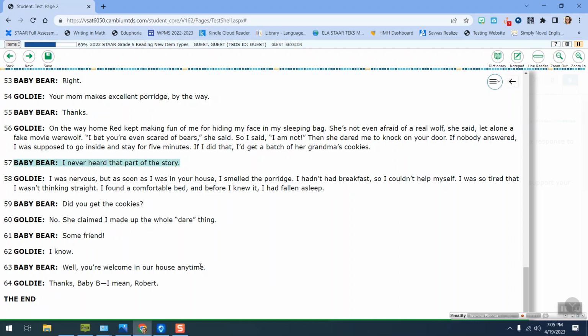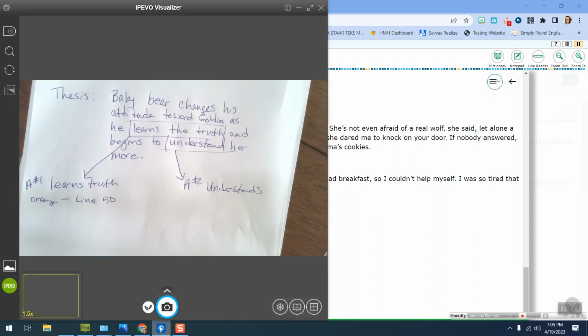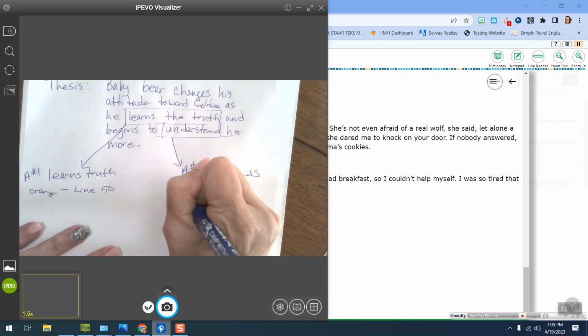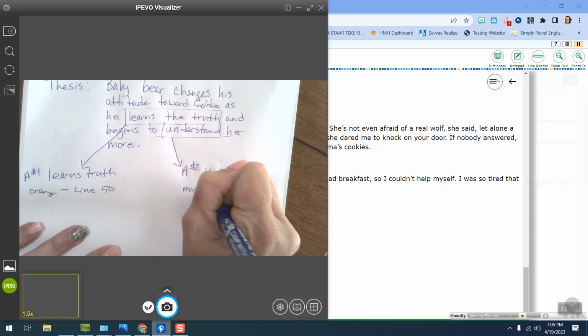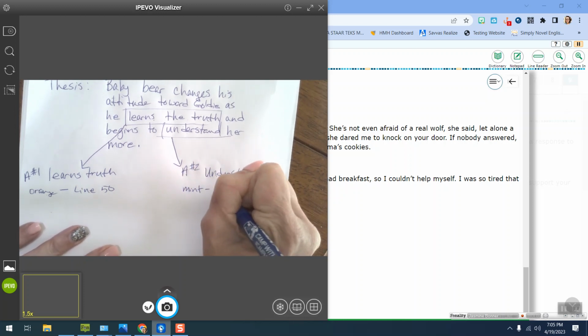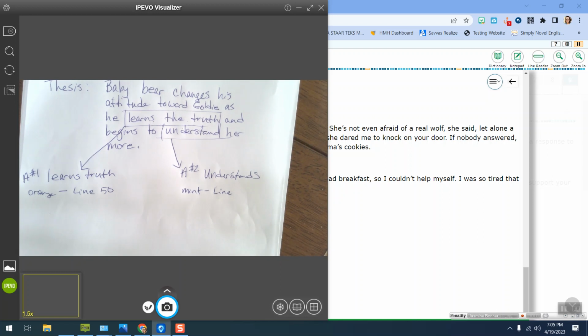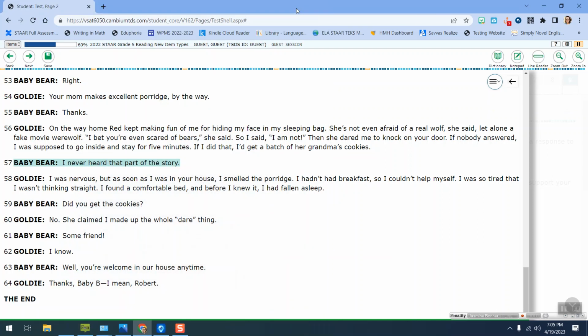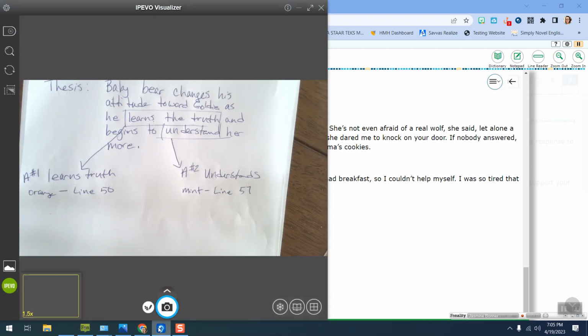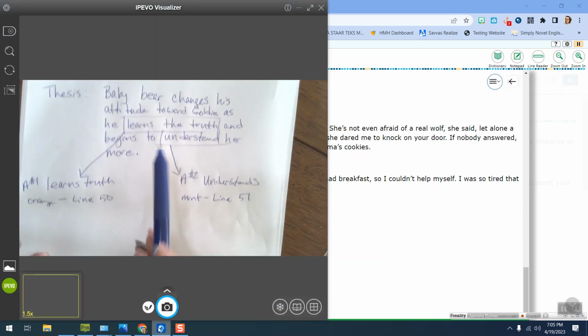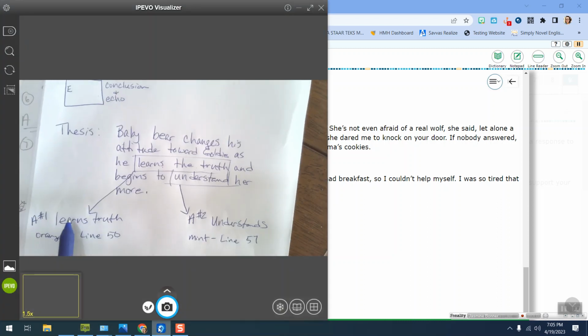So when I go back to my notes, I'm going to do mint, line 57. So this is getting all of the hard work out of the way. This will be this paragraph.